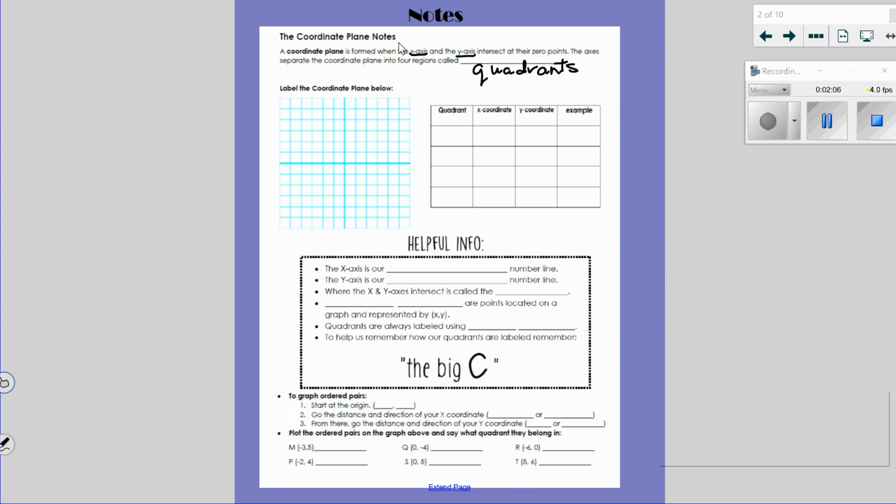So just to make sure it's clear on yours, let's draw in our 2 axes and make sure that they are nice and dark. We have this axis, our horizontal. We have this axis, our vertical. Now, if I look at the letter X, does that give me any idea if it's going up, down, left, right? Not really, because it's the same all 4 ways, right? But what if I look at the letter Y?